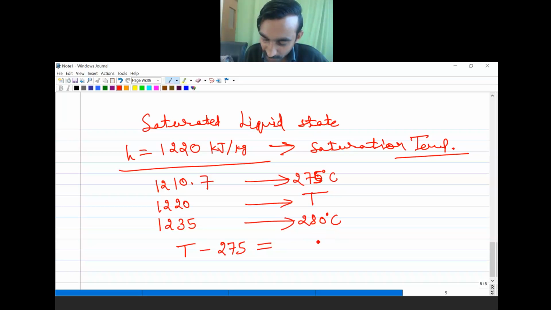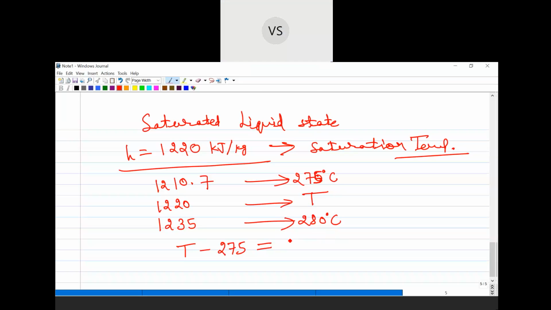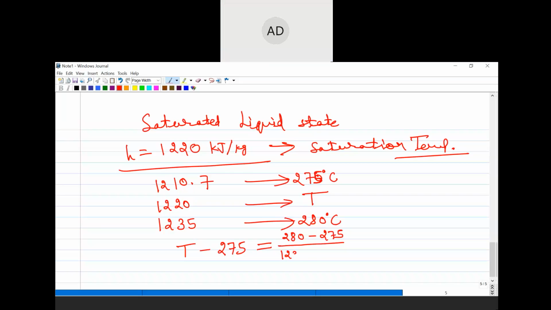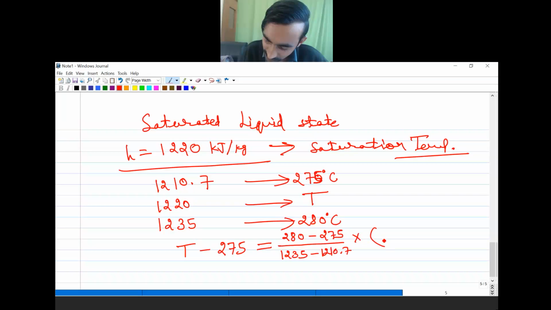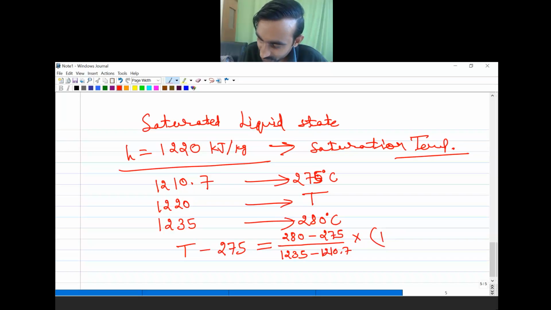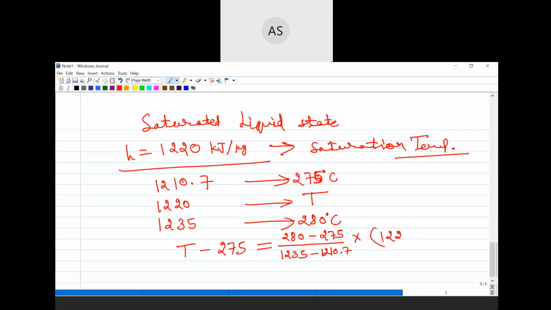Will it be like that, or will it be 280 minus 275? 280 minus 275, divided by 1235 minus 1210, multiplied by 1220 minus 1210. What will be the value? Please tell me.